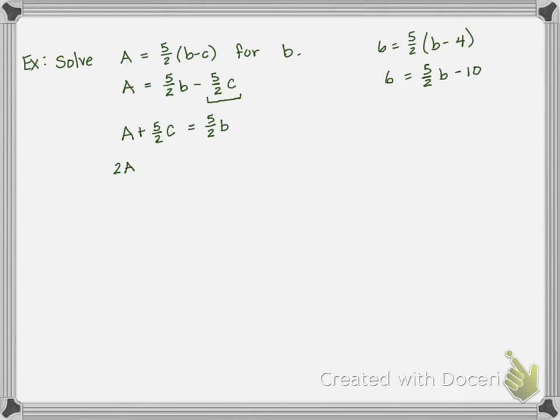So that's 2a plus 2 over 1 times 5 halves c equals 2 over 1 times 5 halves b, plus 5c equals 5b.